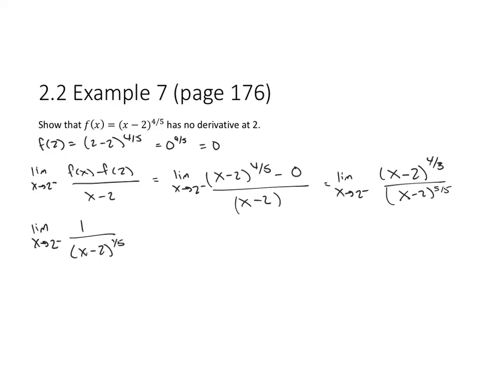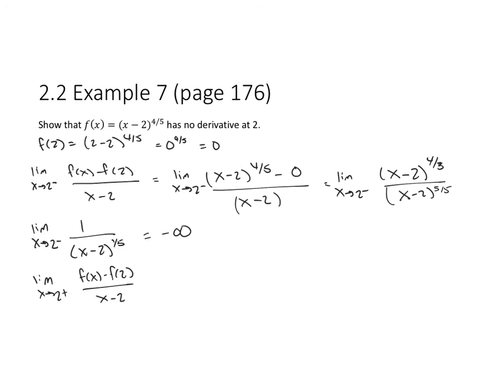And now I'm going to think about what happens as we get really close to 2 from the left. If you think about it, or you graph it, or you look back in your notes, hopefully you're going to see that we approach negative infinity because we're coming from the left in the denominator. Now let's go as x goes to 2 from the right. Same, f of x minus f of 2 all over x minus 2.